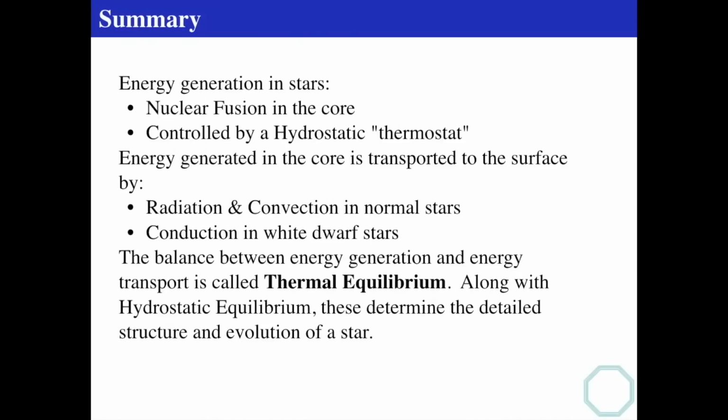So in sum, energy is generated by nuclear fusion in the cores. It's controlled by a hydrostatic thermostat and regulated by quantum tunneling, which is actually what allows it to occur. The energy is then transported to the surface by convection and radiation processes in normal stars. We haven't talked about white dwarfs yet, but we will, and you can Google around if you wish. The energy generation is called thermal equilibrium. Energy is created, it makes its way to the surface, and it's radiated, so more energy must be created.